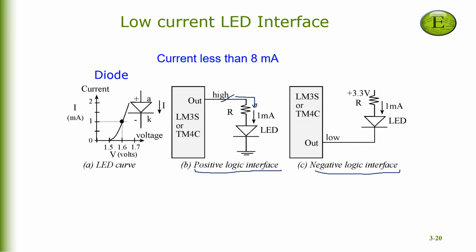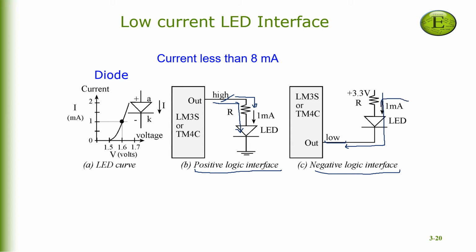Here the current is flowing from the microcontroller into the LED, 1 milliamp. That's not too large. In case of negative logic, we set the microcontroller pin to low voltage so that it is now sinking the current coming from the power supply and going through the LED, eventually entering the microcontroller.